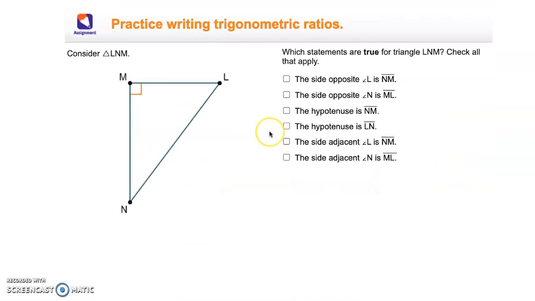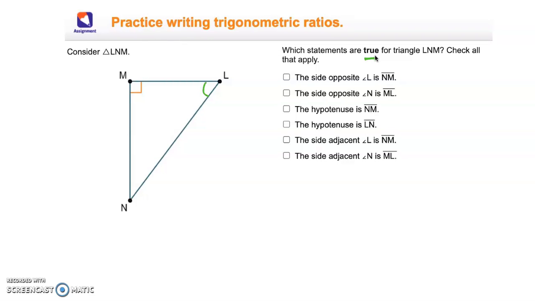So let's practice writing some ratios. If we're looking at triangle LNM, which statements are true? Here we have angle L. The side opposite angle L would be this one. Is that NM? Yes, that is true, because this side is not part of the angle that forms L. Is the side opposite angle N, looking at this angle right here, ML?